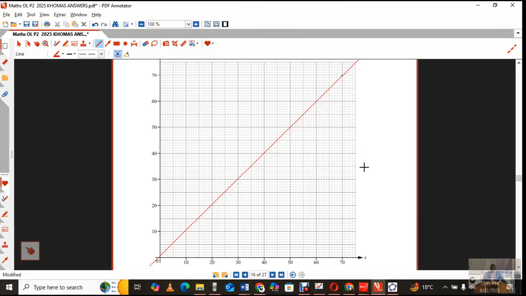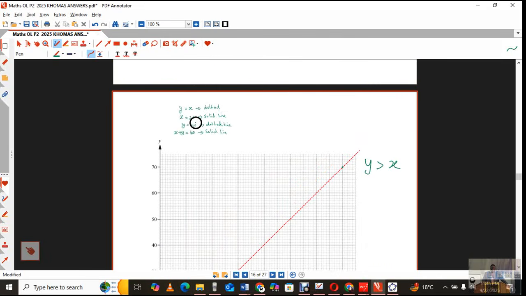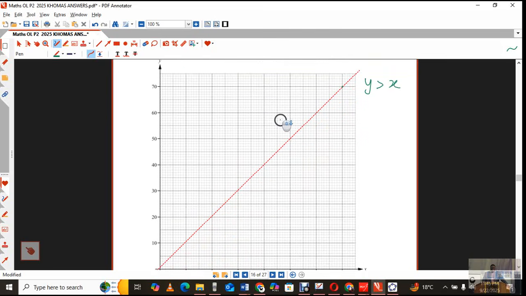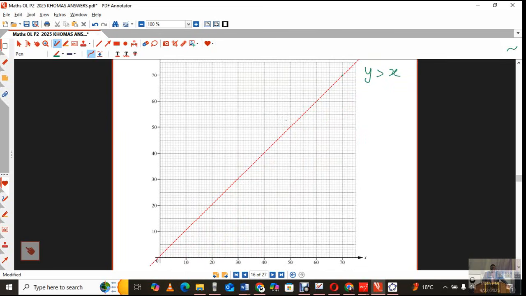Give or take. This is the line for the inequality y is greater than x. The next thing that I'm going to do, I'm going to draw the line x equals 20. Now, the line x equals 20, we say that one is a solid line.